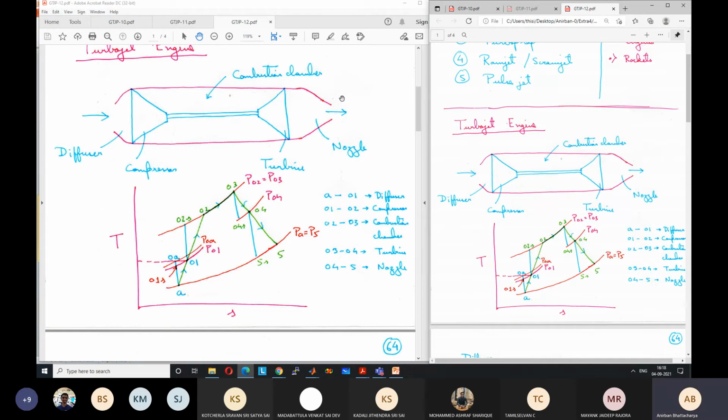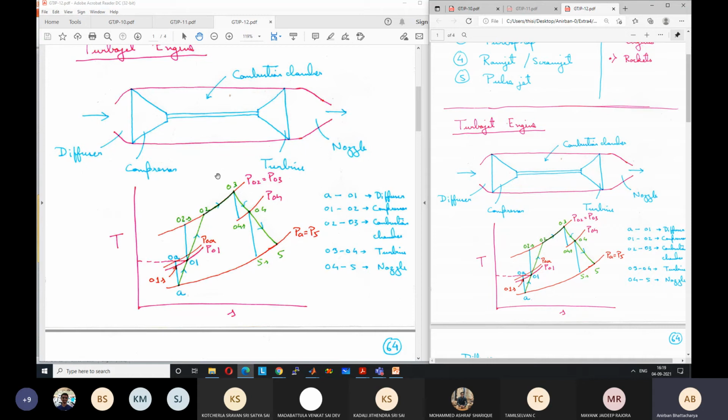Say this nozzle is choked and we obtain a speed equal to 600 meters per second, which is the sonic speed at the choked condition at the nozzle exit. But for the ambient condition, the speed of sound may be say 320 meters per second.